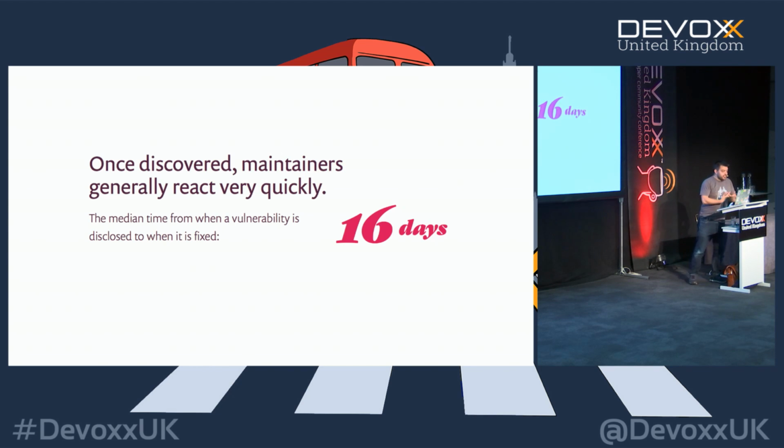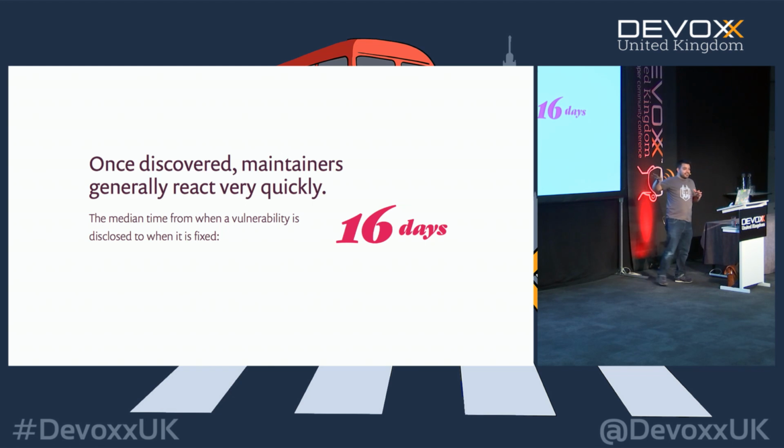When we look at how open source project maintainers are reacting, it only takes a median of 16 days from a vulnerability being public to the maintainer actually reacting and patching, from disclosure to fix.